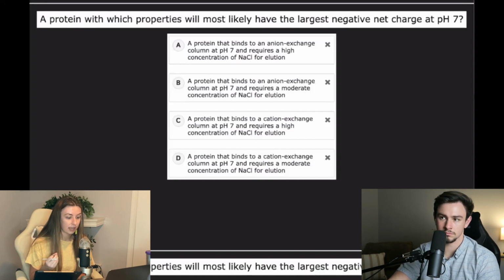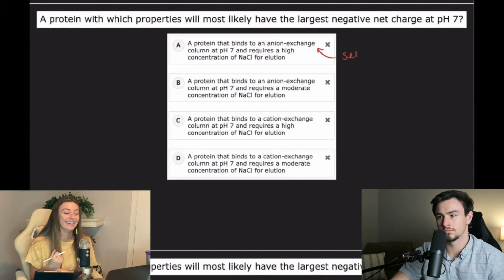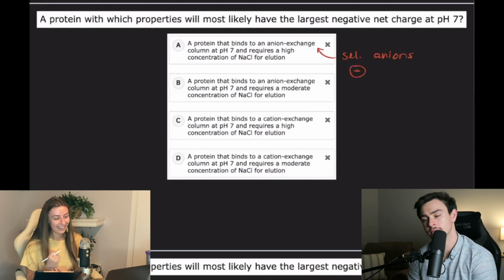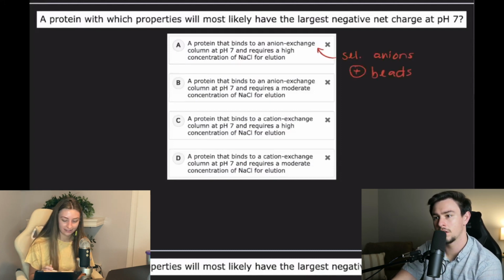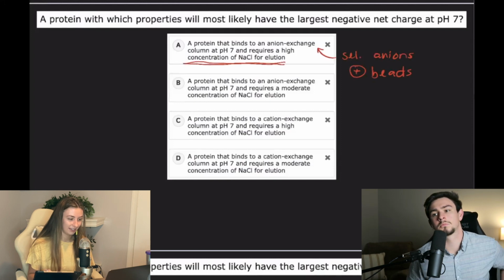So anion exchange, that means we're selecting for anions, and we have positive charged beads. A protein that binds to an anion exchange column at pH 7 and requires a high concentration of NaCl for elution. So that means it's going to be sticking to those beads pretty good. So I like that answer.